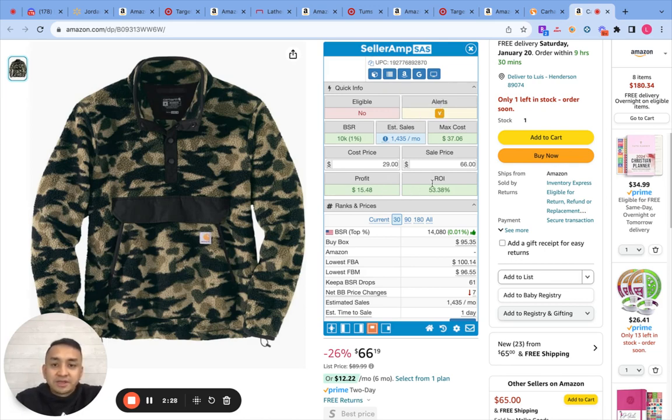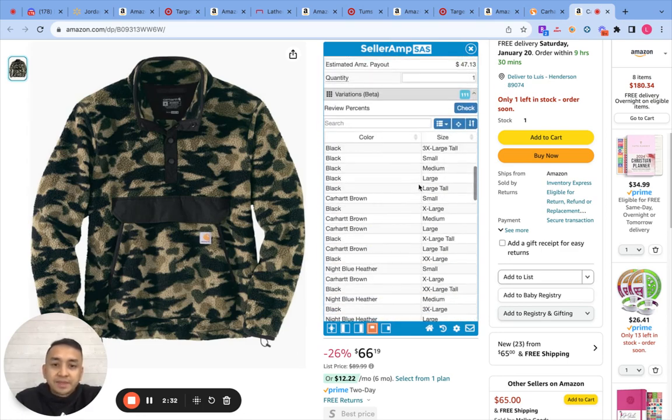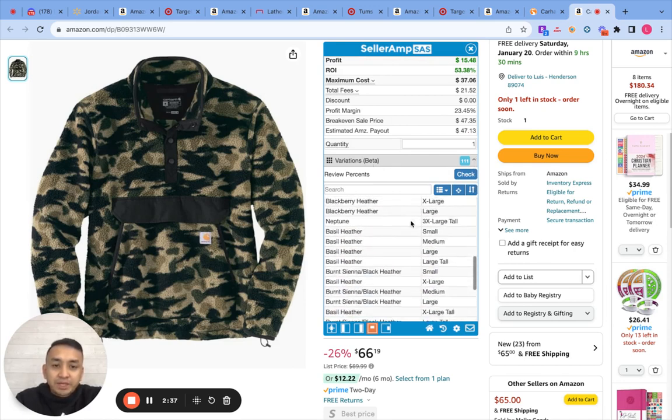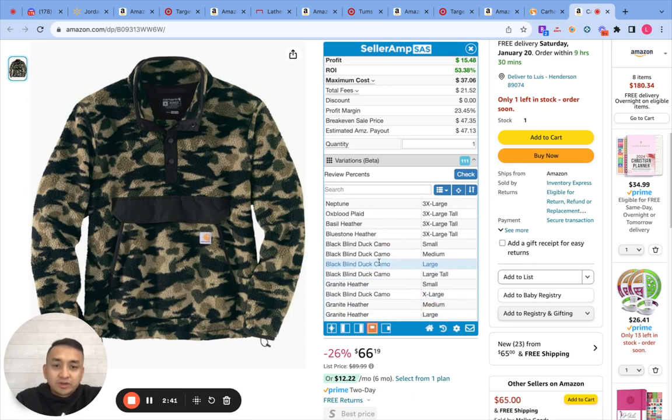For variations like this one, I usually go to the variation tab on SellerAmp, and then I pick the exact variation, which is this one right here. It's usually auto selected already. And then from here, I click on check.